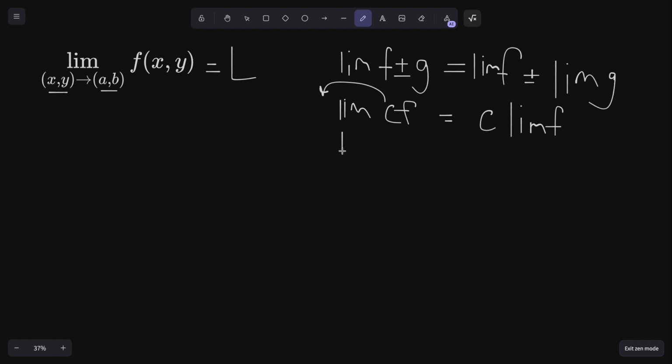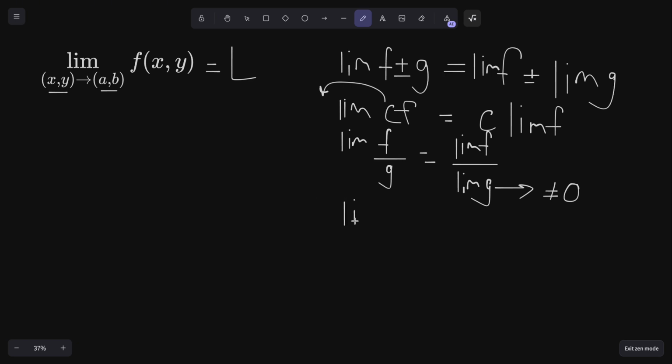You also have the power. Actually, let's do the division one because we just did the multiplication one. If you have the limit of f divided by g, that's going to be equal to the limit of f divided by the limit of g, assuming that this limit is not equal to 0, because it's in the denominator.